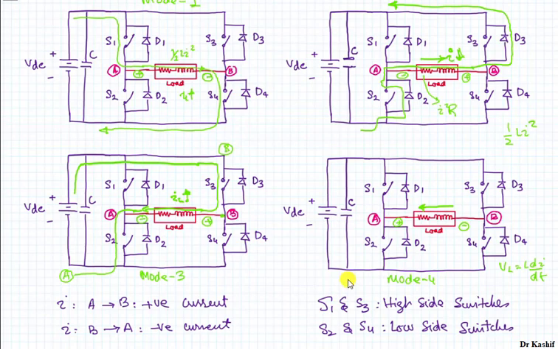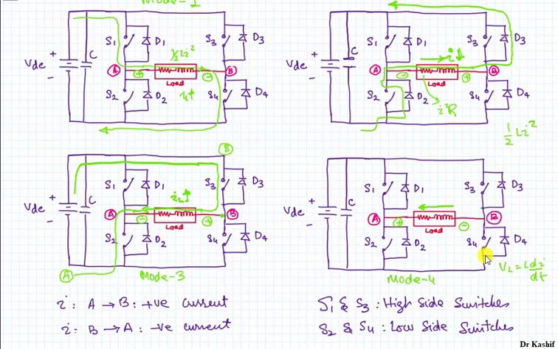But the best explanation is the previous one, that because of the induced voltages across the inductor, the negative polarity will appear. Very high negative voltage will appear over here. That depends upon the rate of change of current. So the diode D4 will come into the conduction state, because the voltage at the cathode of this diode will be high negative with respect to the anode.